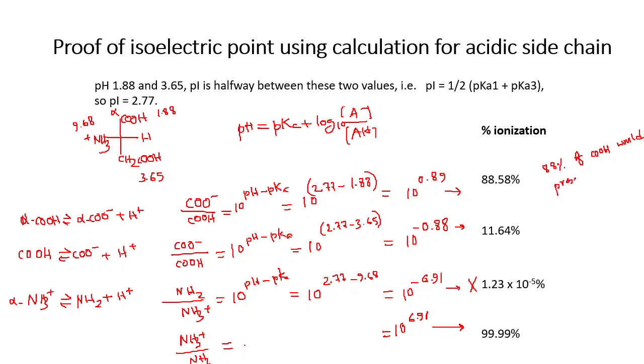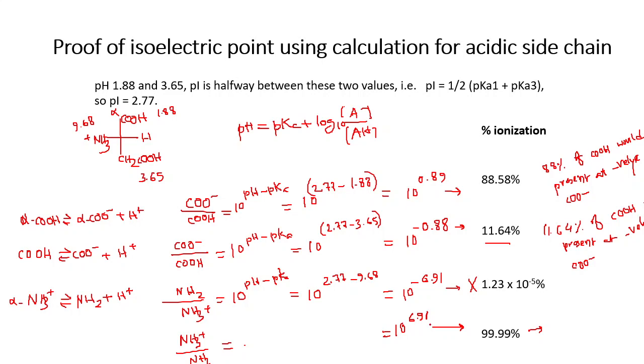present as negatively charged COO minus. What does this imply? It means that 11.64% of the side chain COOH would be present as negatively charged COO minus.